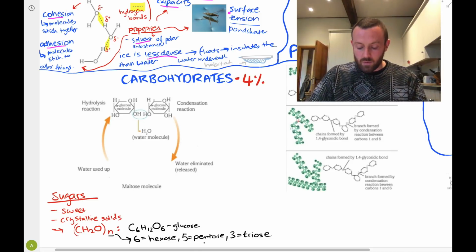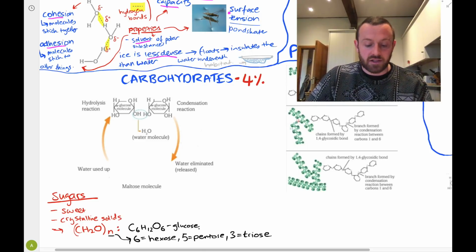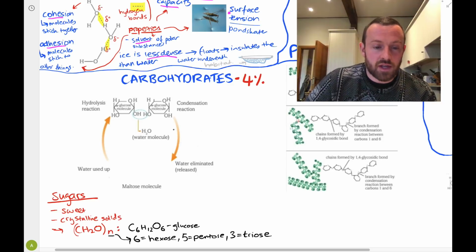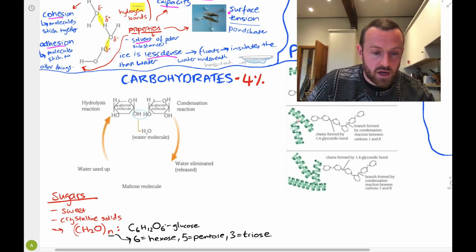If you've got your textbook with you, on page 55 there's information about some different sugars with different structures that we need to know. The most important structure that we need to know is glucose, and it comes in 2 forms.